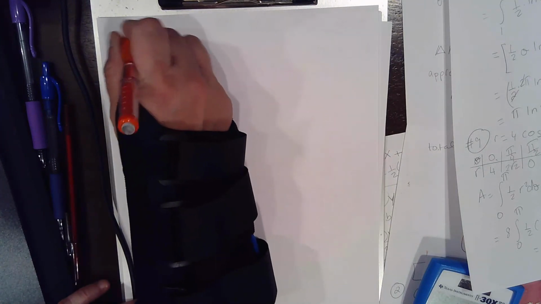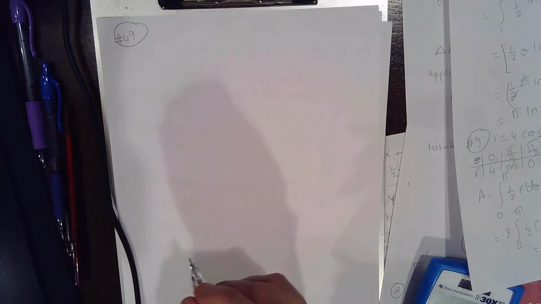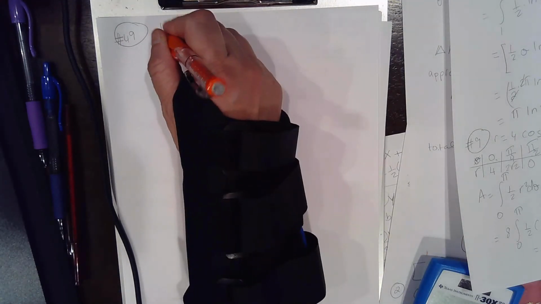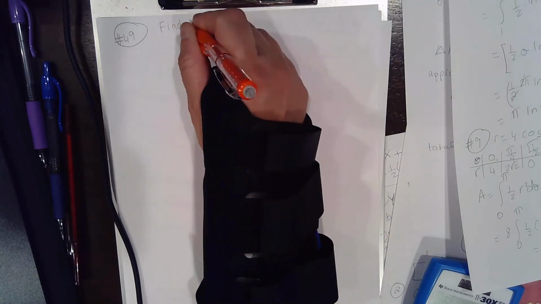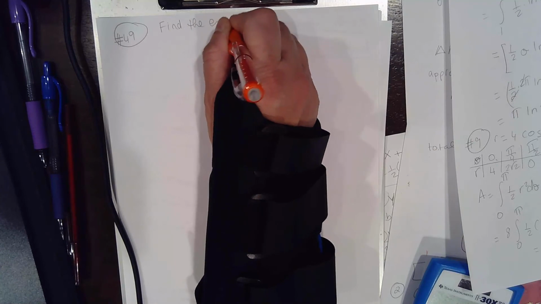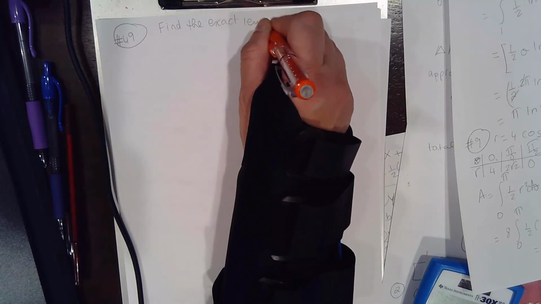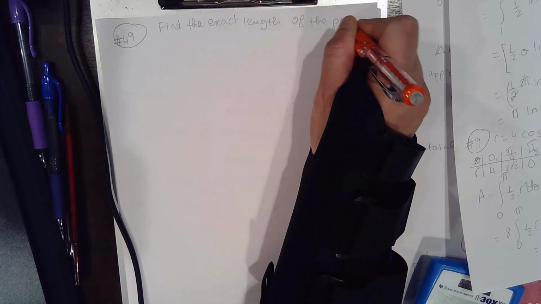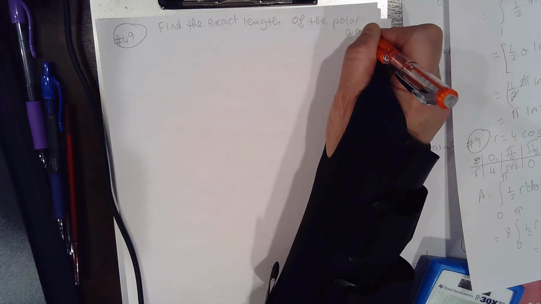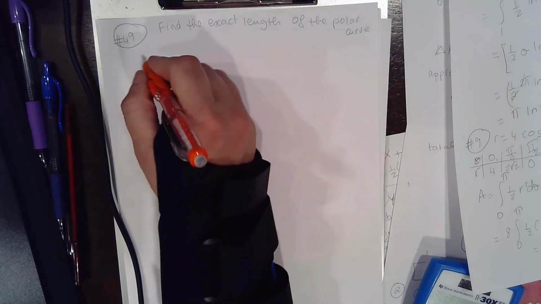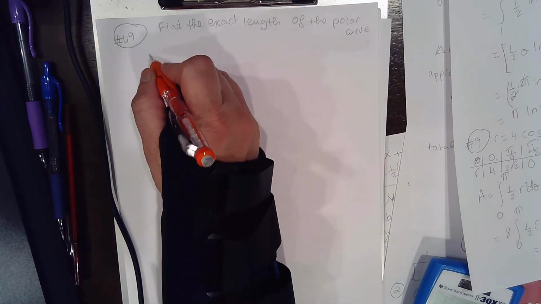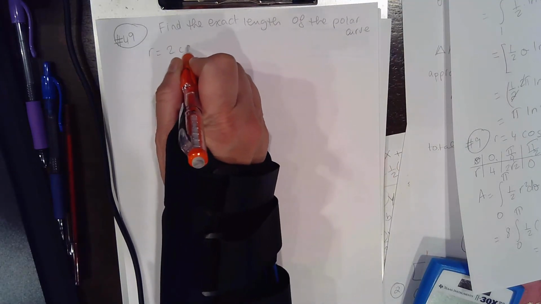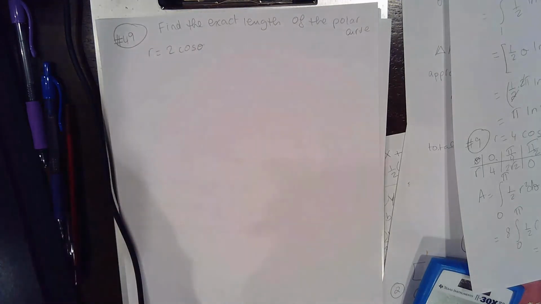In number 49, they're asking: find the exact length of the polar curve r = cosθ. So let's find the exact length.